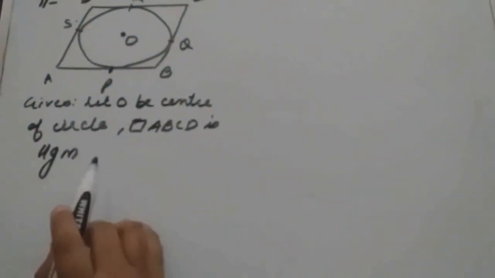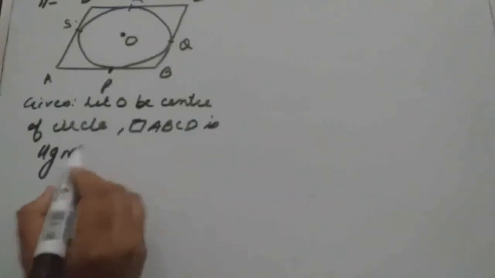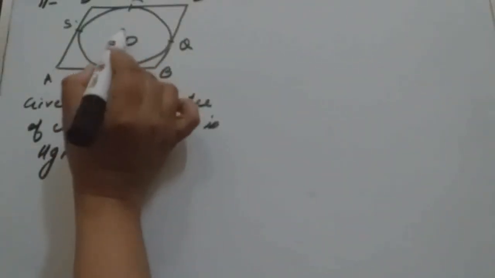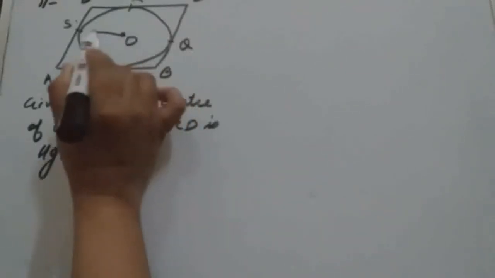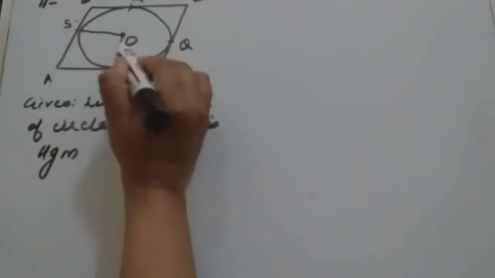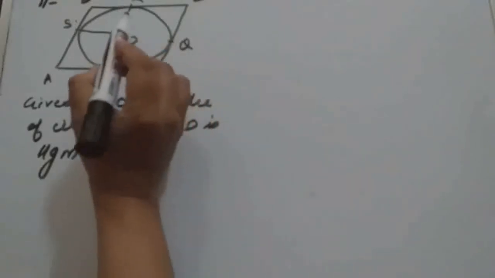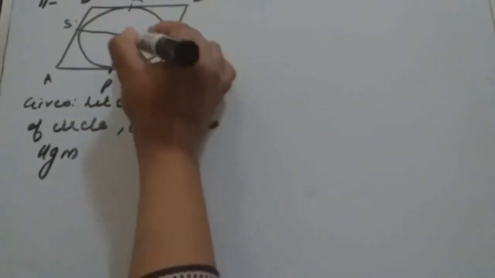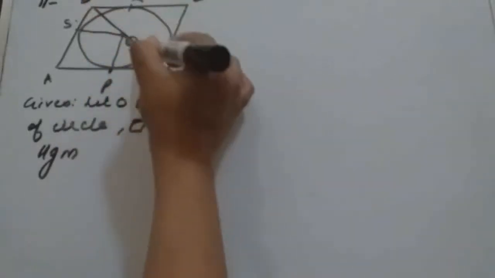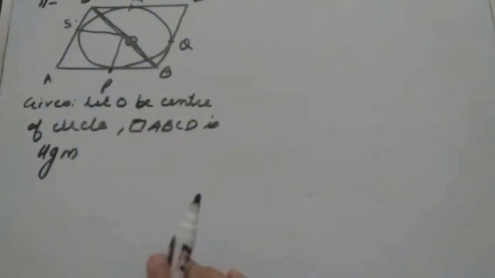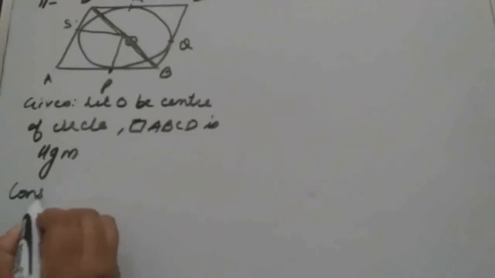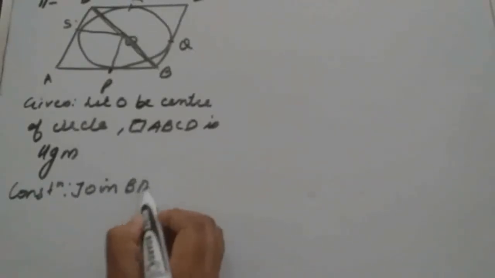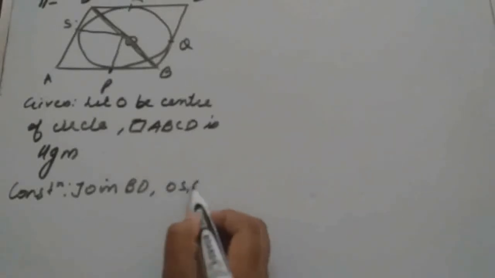Now we will join OS and OP, and OB and OD also. So we can write here construction: join BD, and OS and OP.